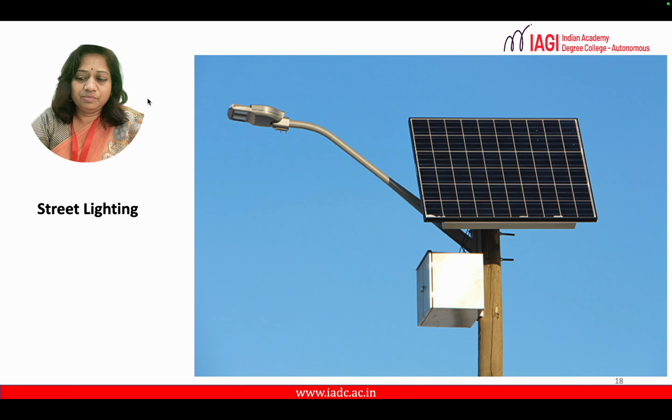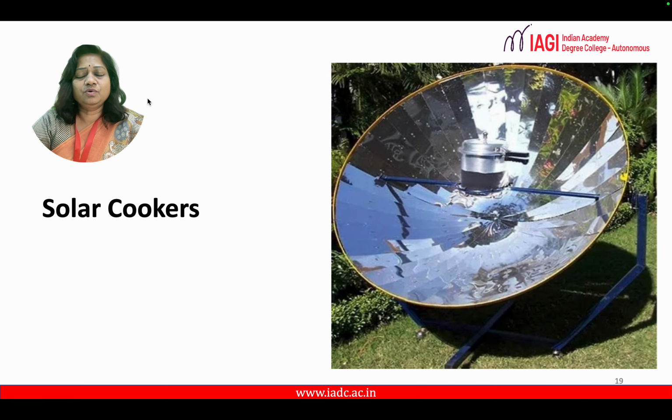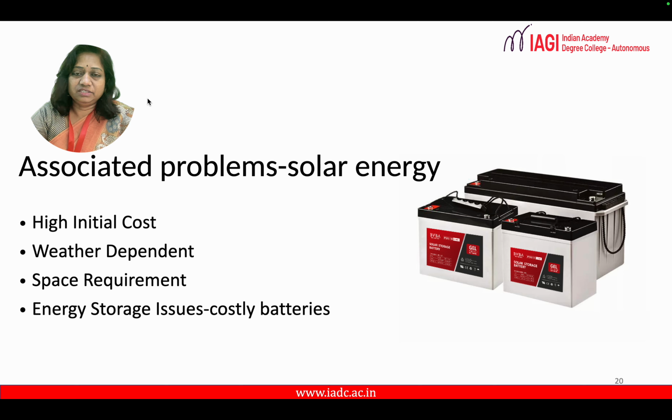It's a small contribution, but it shows that we have some contribution towards sustainability. We also have solar cookers for cooking. So in various ways solar energy can be used, and it is very essential for us.